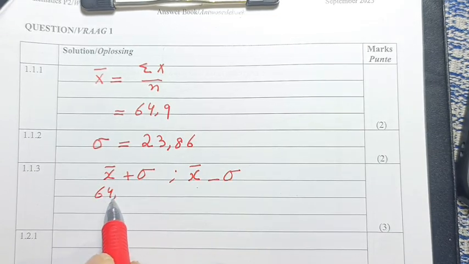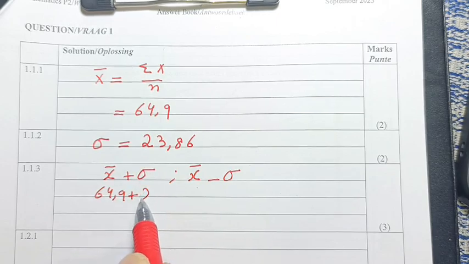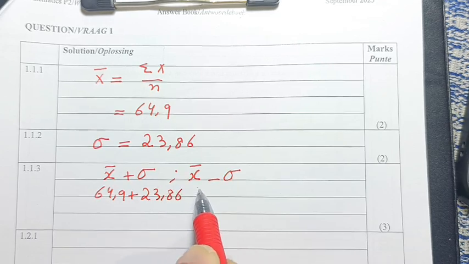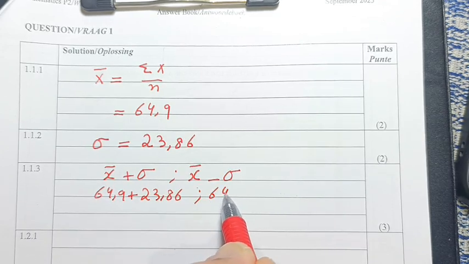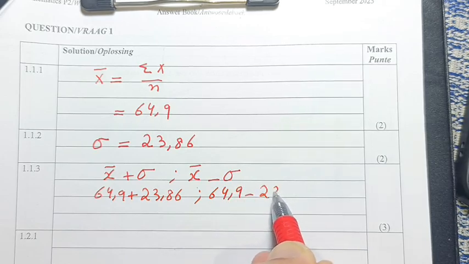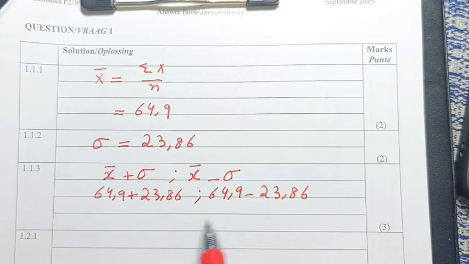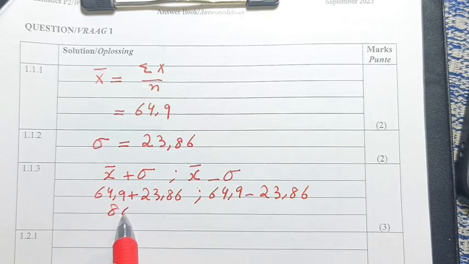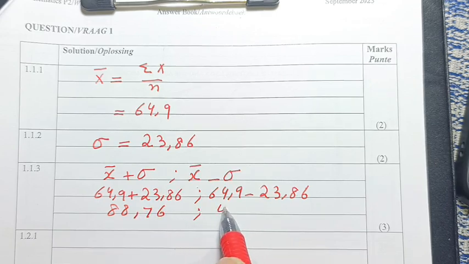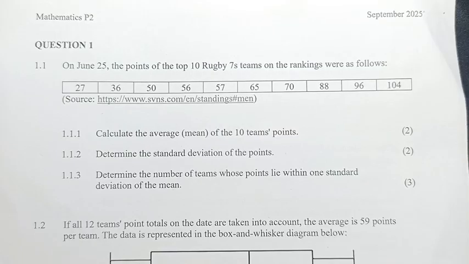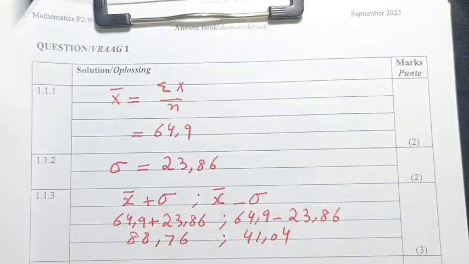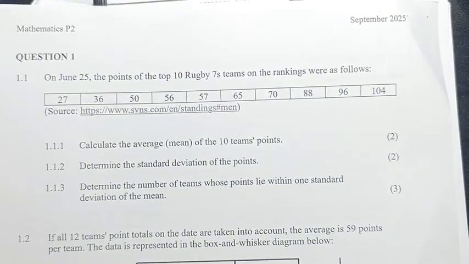So 64,9 plus the standard deviation 23,86, and 64,9 minus 23,86. One time minus, one time add. Use the calculator. This gives 88,76 and 41,04. Now we need to identify the teams within this range, 41,04 to 88,76.